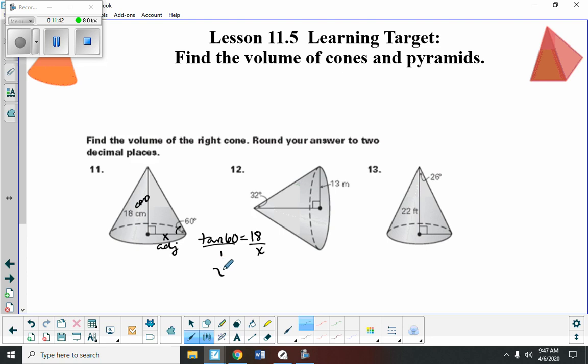Cross multiply, x times the tangent of 60 equals 18. And then we have to divide to find x. So x is equal to about 10.4. And so now you have your radius, you can just write down your formula and solve it from there.